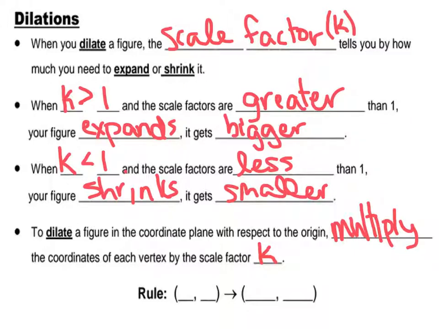So for instance, if we had x and y for our coordinates, and we wanted to make them bigger or smaller and dilate them, we would multiply the x and the y value in our coordinates by the same number. So the value of k might be 7, it might be 3, it might be 1/3, but k is your scale factor telling you how much bigger or smaller your shape gets.